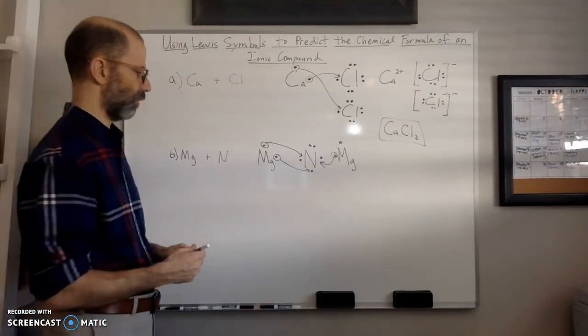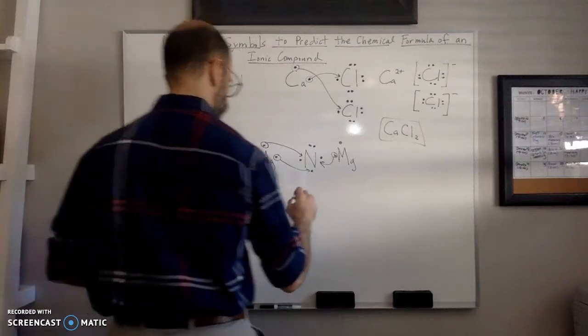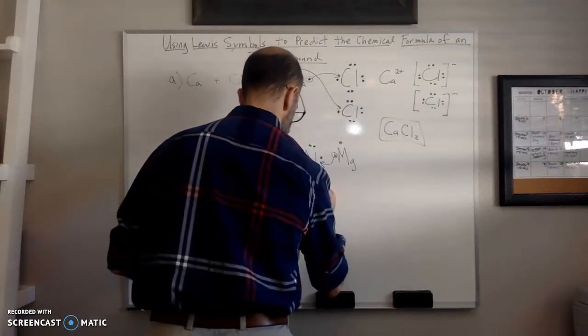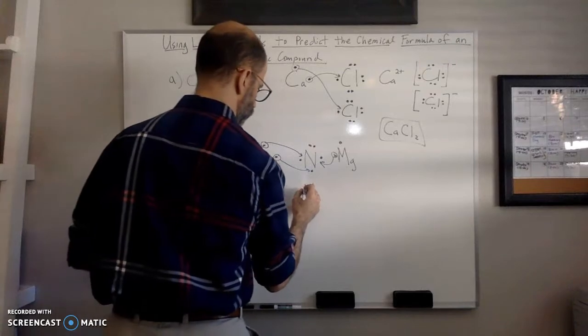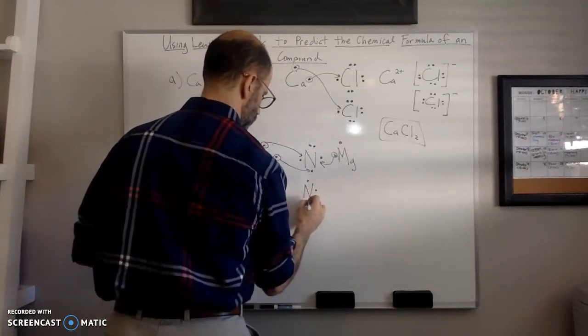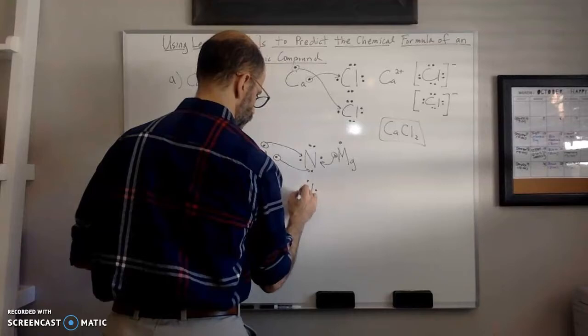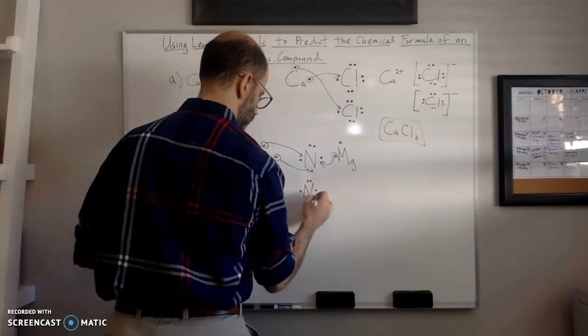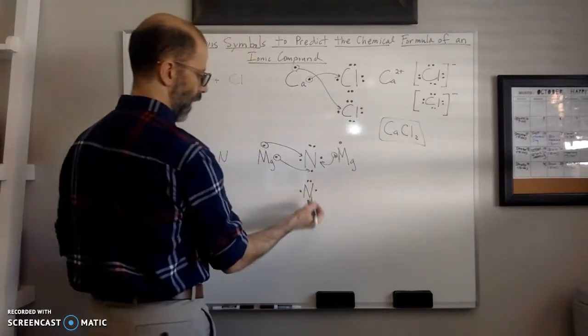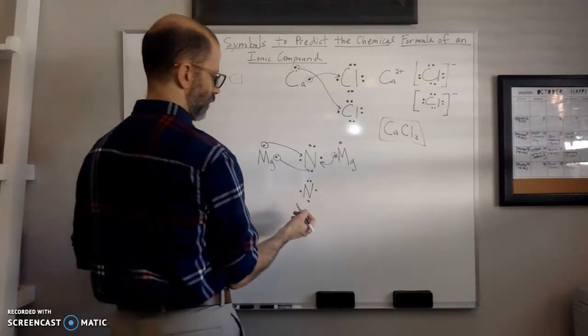Another nitrogen. So if we draw another Lewis symbol for nitrogen, we'll do this. 3, 4, 5. So that's 5. So now we have a Lewis symbol for another nitrogen.